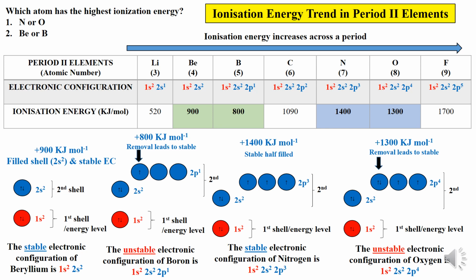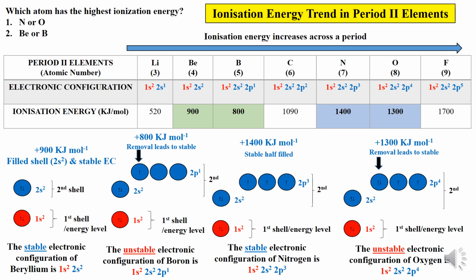Less energy is required in case of boron as compared to beryllium, because when you're dealing with ionization energies, you need to take a look at what happens after removal of an electron. After removal of an electron, boron gains a stable electronic configuration and therefore less energy is required.